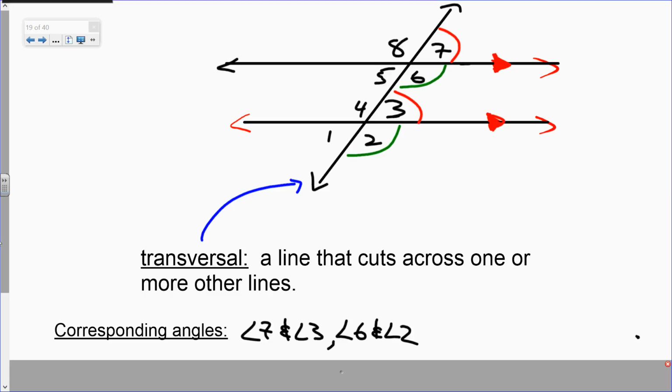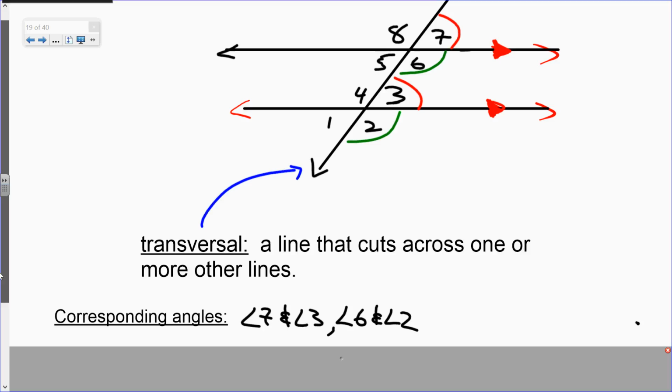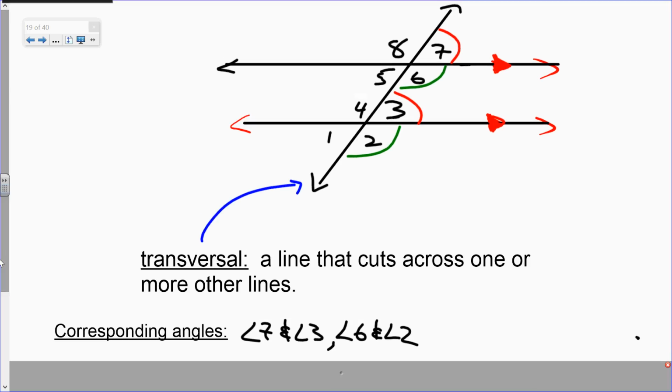So far, so good. Can anybody give me another pair of corresponding angles, the ones that look the same and occupy the same position, so to speak? Anybody yell one out? 8 and 4. I'll color code it with blue here. Notice 8 is above that parallel line, and so is 4. Both 8 and 4 are to the left of this transversal. Very good.